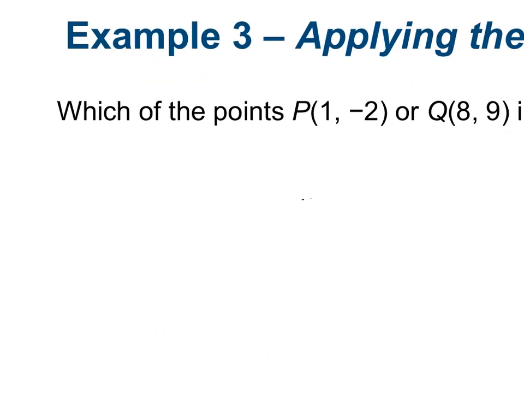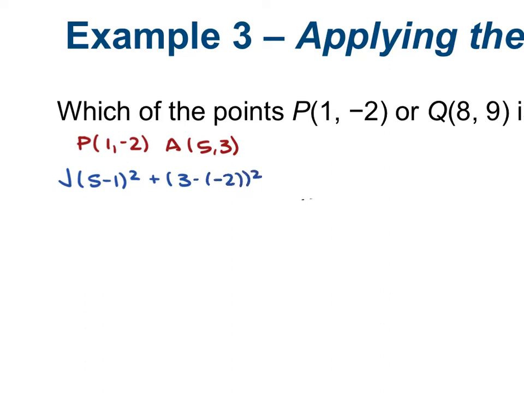So we're going to start with P, which is 1, -2. We're going to work with A, which is 5, 3. So we're just plugging this into our distance formula. So the square root of the difference of our x values. So it's going to be 5 minus 1 squared plus 3 minus -2 squared.